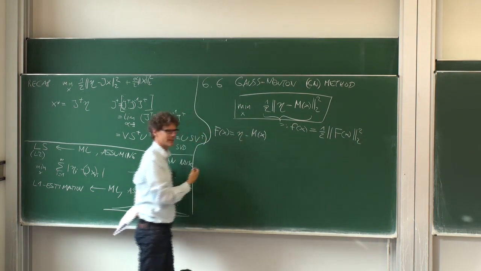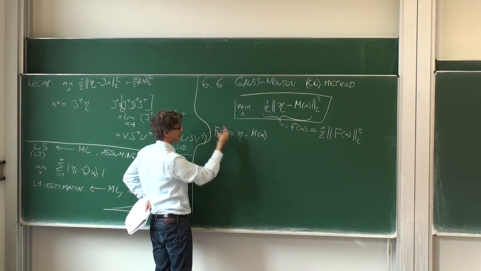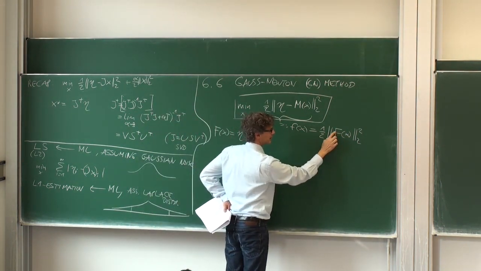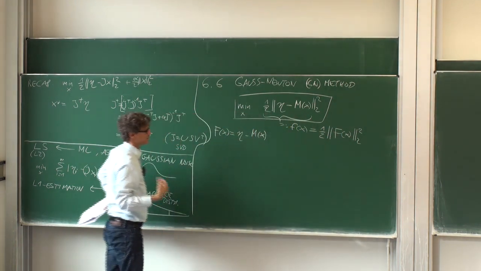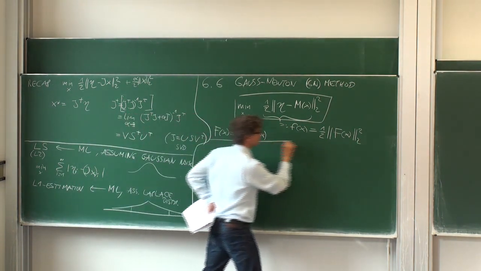It's a vector valued function which has all these residuals as outputs, and before I actually square it, I give a name to this function, which I call F. It's very similar to this m, but for notational convenience it is easier to use.